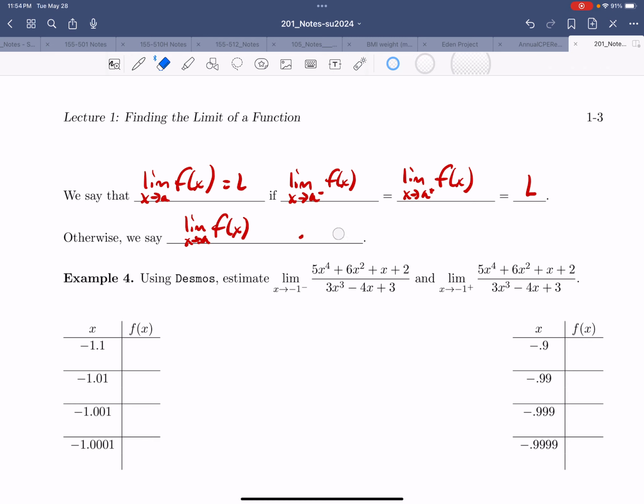Maybe I should probably do it lowercase. And I just write DNE.